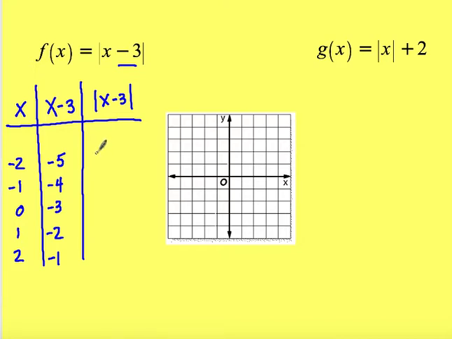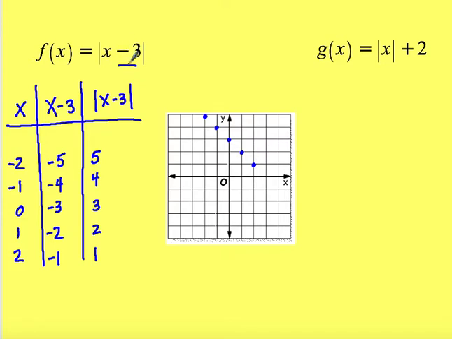Then I'm going to take the absolute value of all of those. So I can see 5, 4, 3, 2, 1. Now when I begin to graph these, I notice that -2, 5, -1, 4, 0, 3, 1, 2, 2, 1 didn't give me that V shape that I'm looking for.